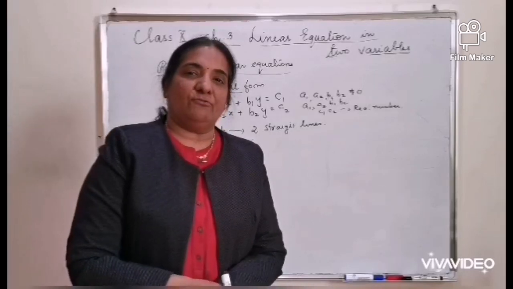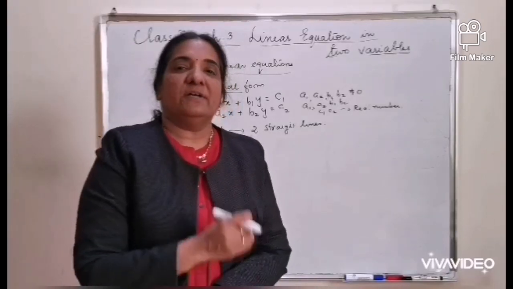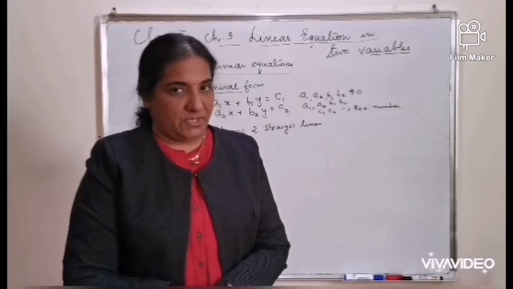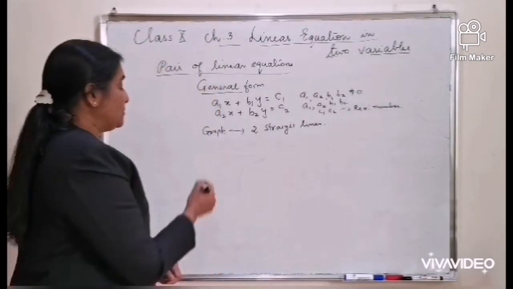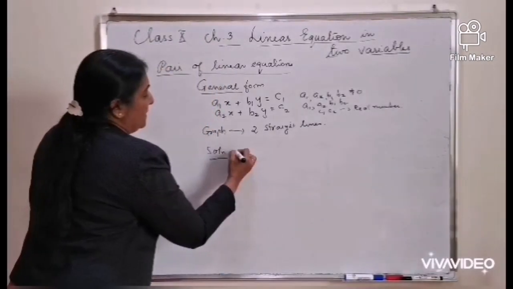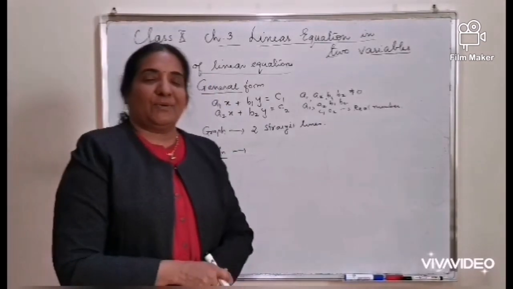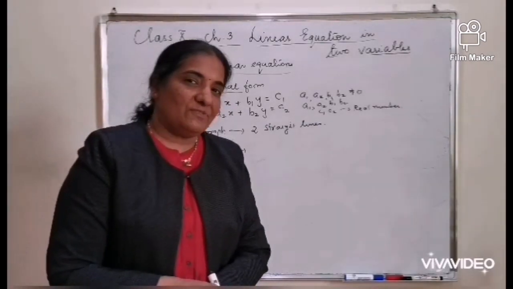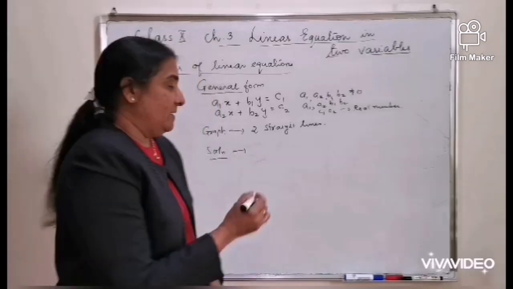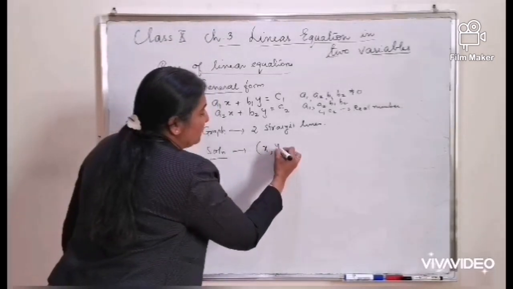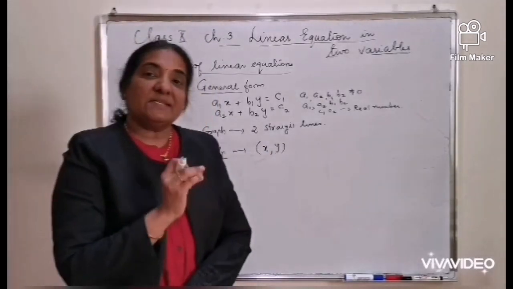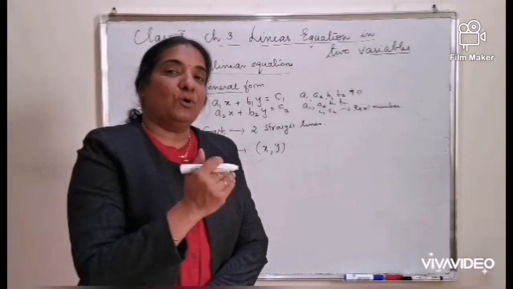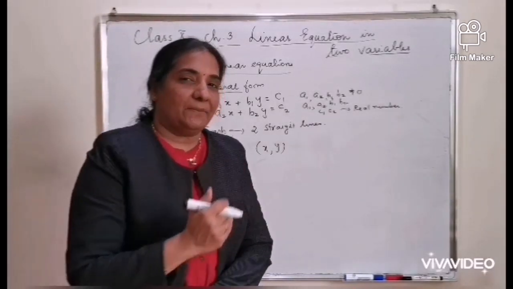What is the meaning of the solution of this pair of linear equations? It is a pair of linear equations, so the solution of this pair is the values of x and y which satisfy both the equations at the same time.